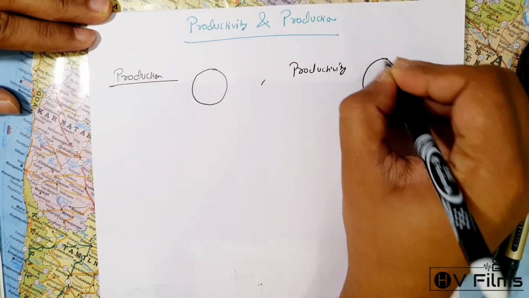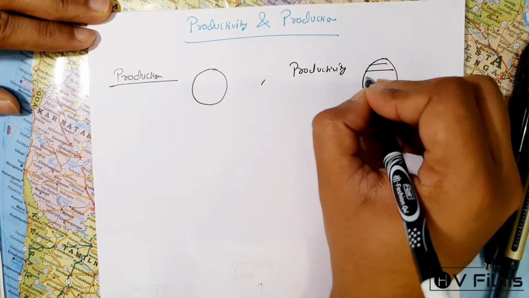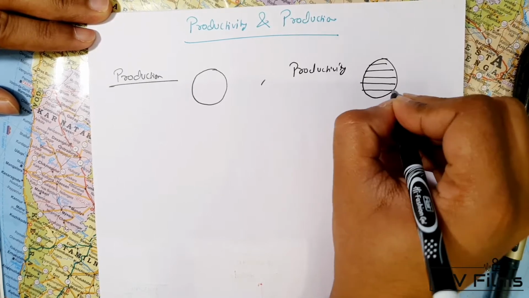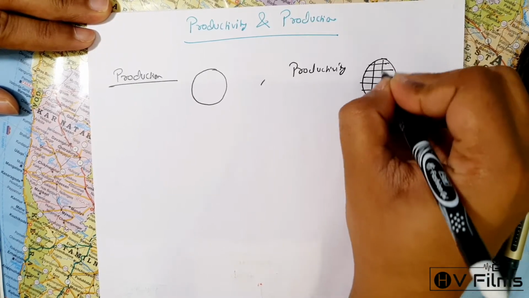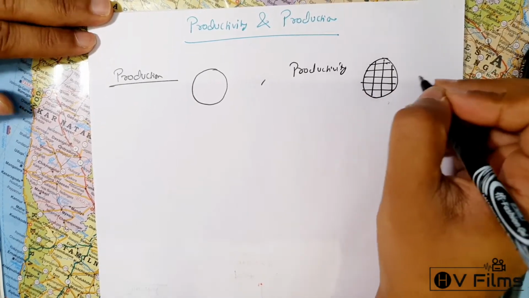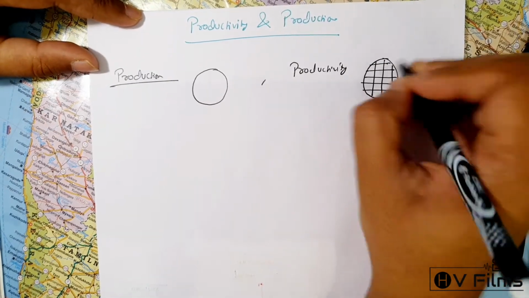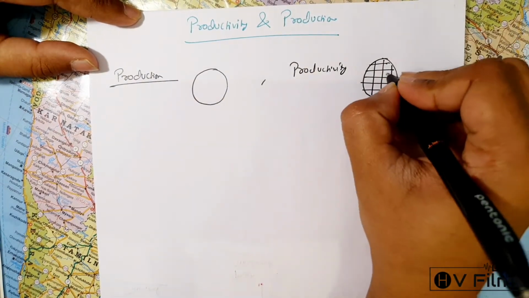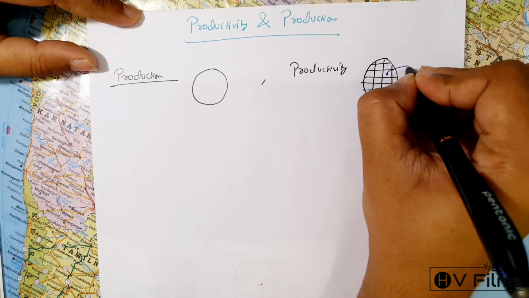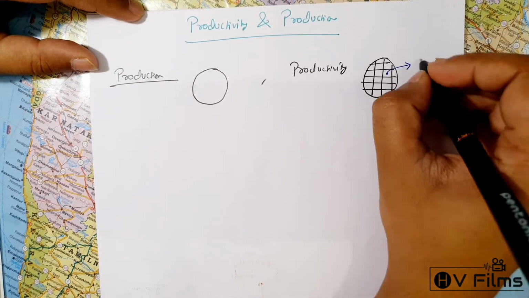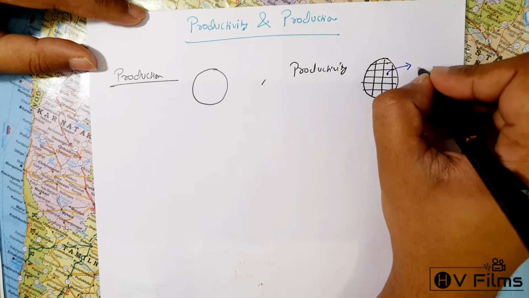the same area, but let's divide this area into different parts. Now the productivity is what happens in this particular square, right? So it is per square kilometer.